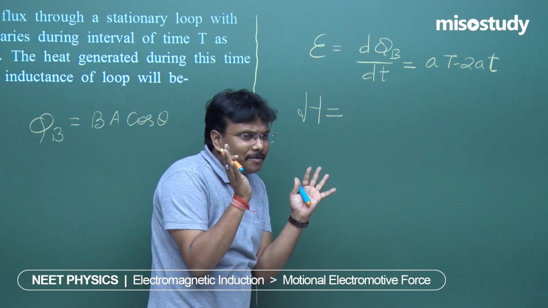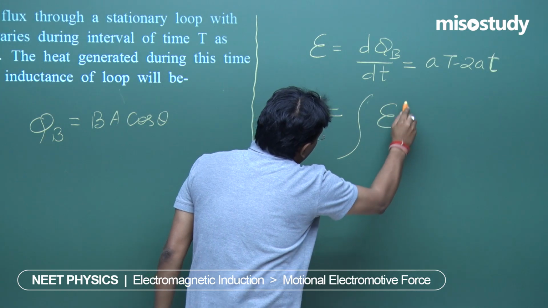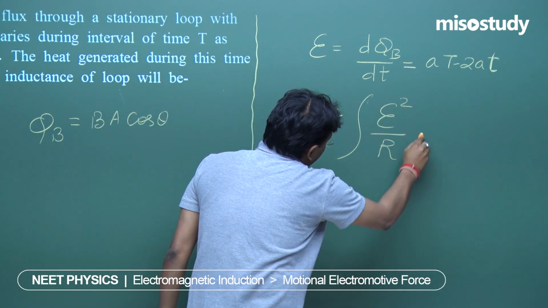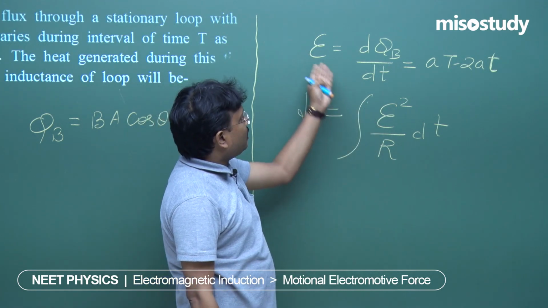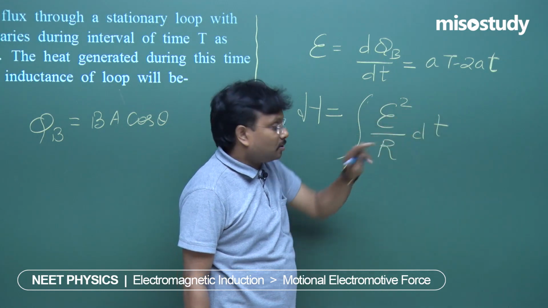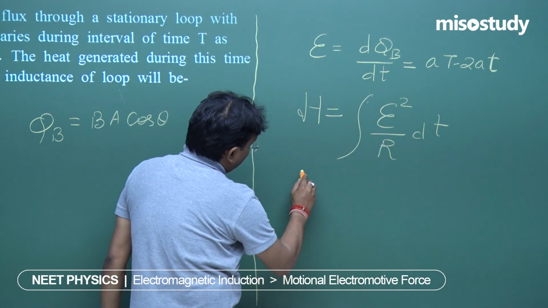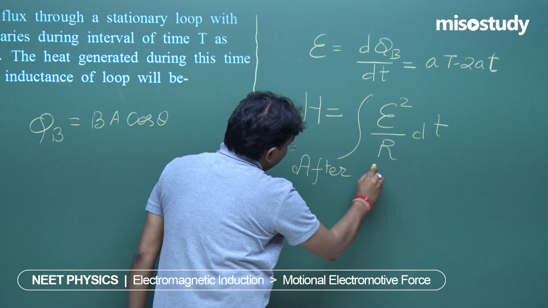So same type of thing we will do. And how exactly we will do that? That is I square R dt. Fine. Put the value of this I square and differentiate it. So simply what I will write down, after solving.